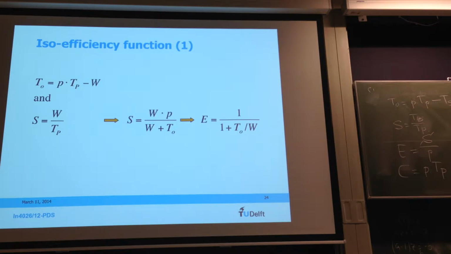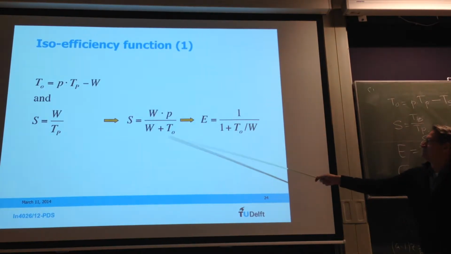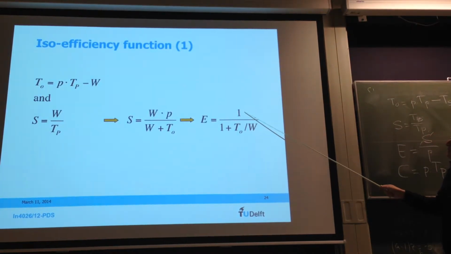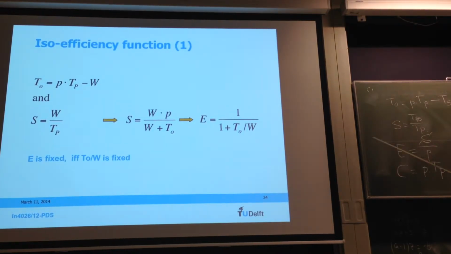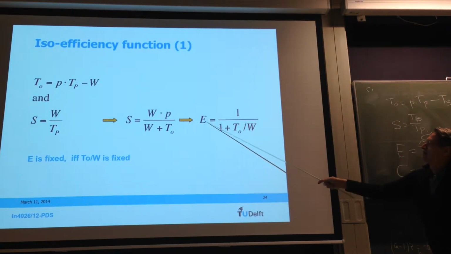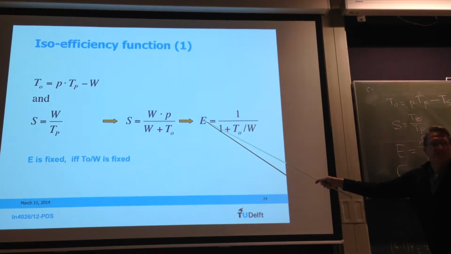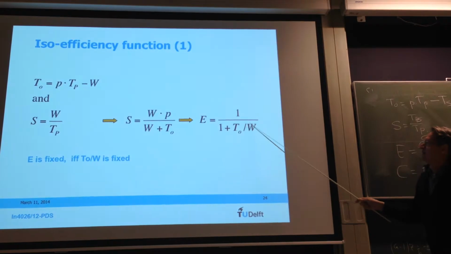And if we divide by W, then we get that the efficiency is 1 over 1 plus T overhead divided by the workload. Now, if you look at this one, you can see that efficiency is fixed if this term is fixed.